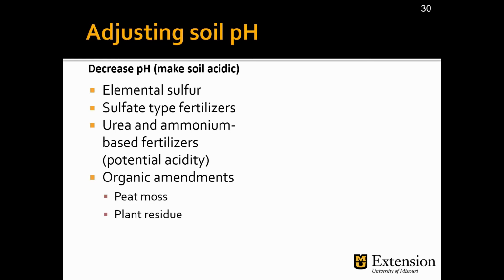I'm going to talk about what that means and how that works later. There are also some organic amendments, like incorporating peat moss into the soil and some specific plant residues like pine needles.